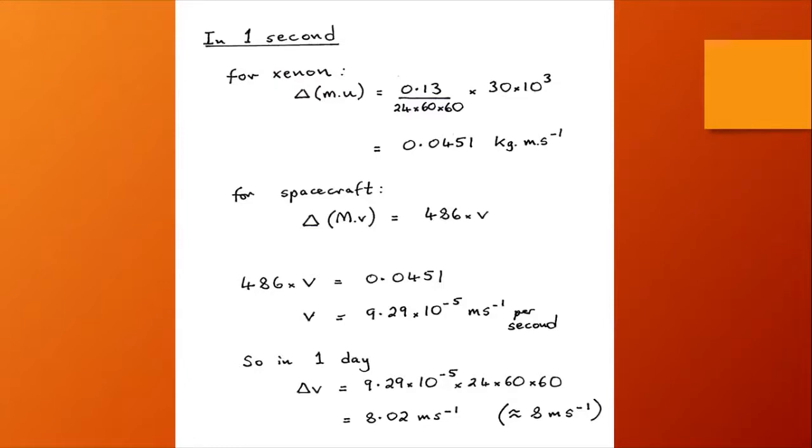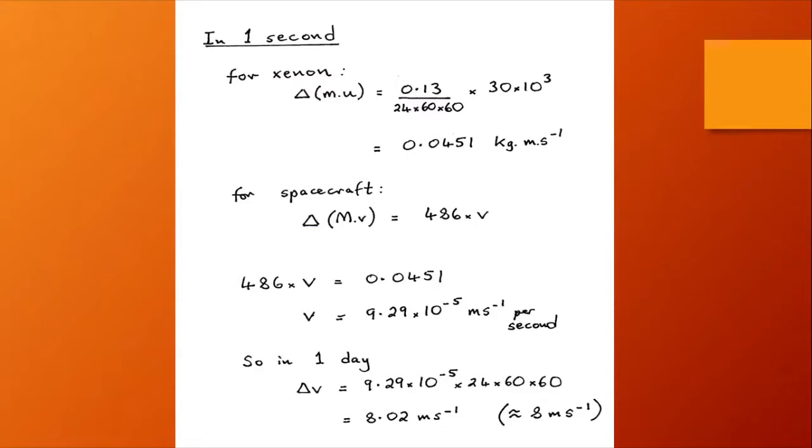I've done that calculation. You can check it if you like. For the spacecraft, delta big M times V equals 486 times V. Its mass isn't changing much, and we'll come back to that point in a minute. V is what we have to find out.